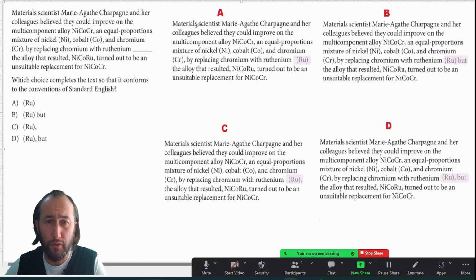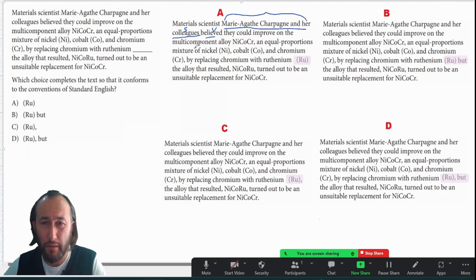Right. Materials scientist Maria Agathe Sharpan and her colleagues, this part is the subject. Believed is the verb. So the subject is Maria Agathe Sharpan and her colleagues, and then we got here the verb, guys.